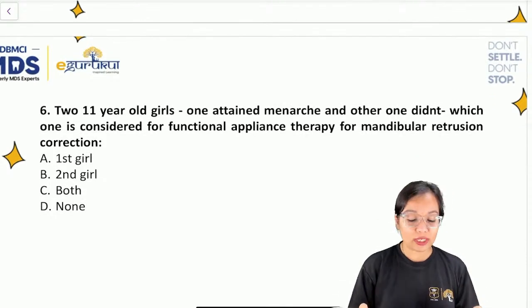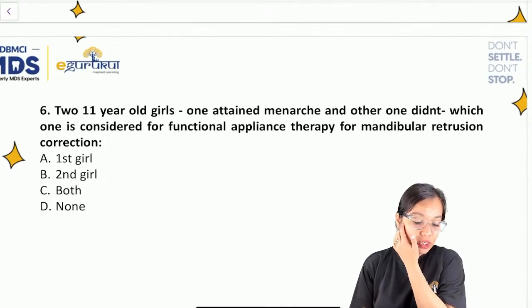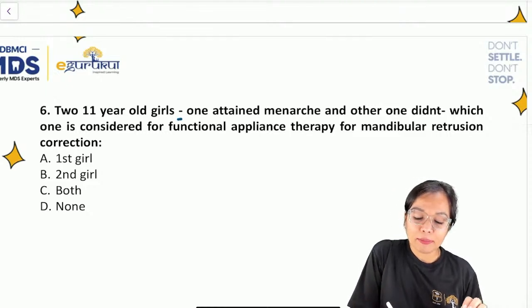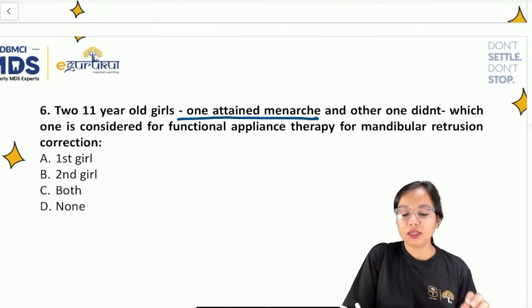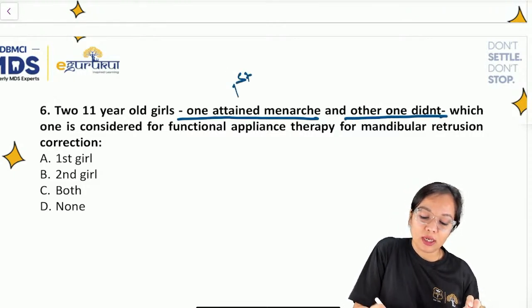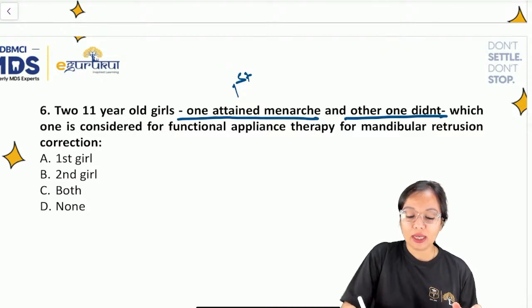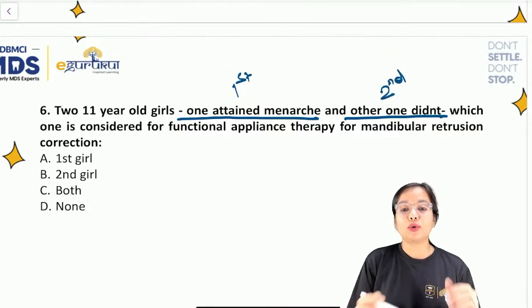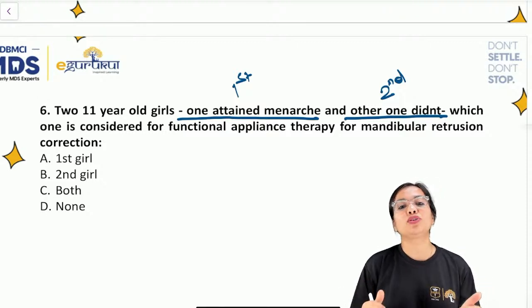The next question that was being asked was, two 11-year-old girls, one attained menarche and the other one did not. So let's say this is the first girl who has attained menarche and the other one has not. Menarche means beginning of the menstrual cycle.